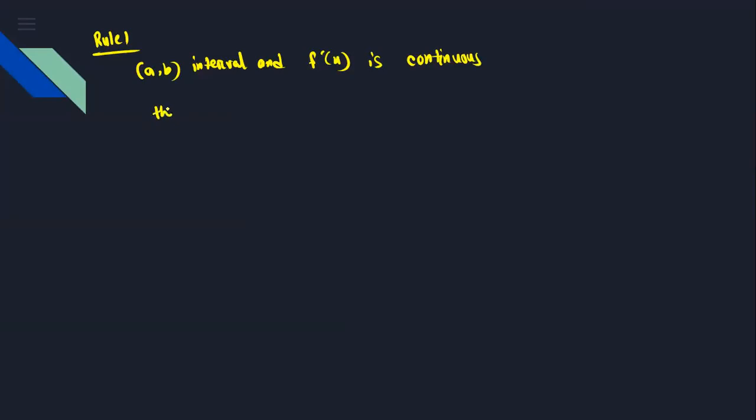Then the length of the curve. We have to find the length of the curve, and the formula will be integration a to b of the square root of 1 plus (dy/dx) whole square, and we will have to integrate this term with respect to dx.